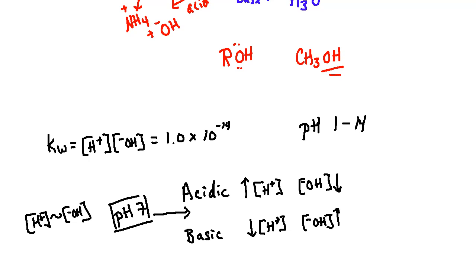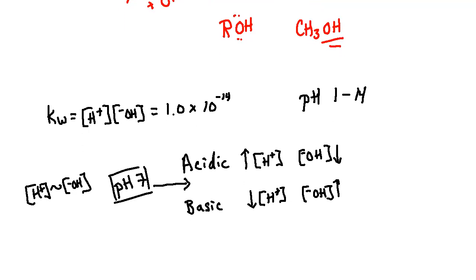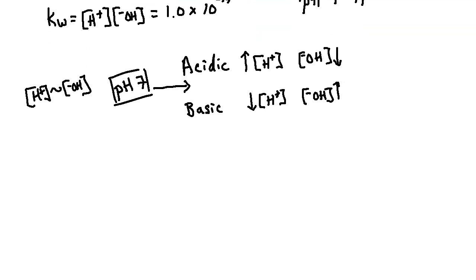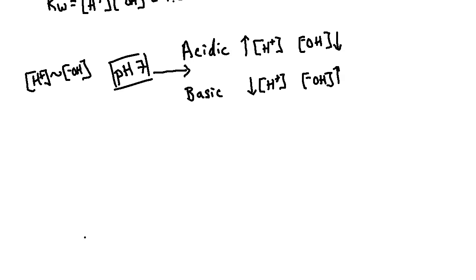So when we start dealing with pH, pH is going to be a negative logarithmic transformation of the H plus ion, okay, the hydronium ion. So when we take a look at our proton concentration or our acid concentration, we can directly convert it into pH by taking the negative log of the acid concentration.